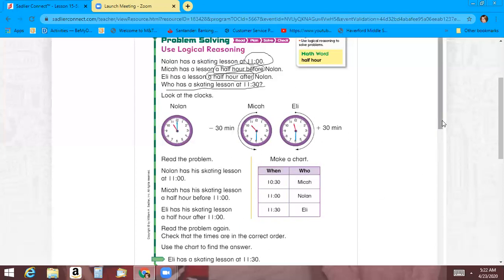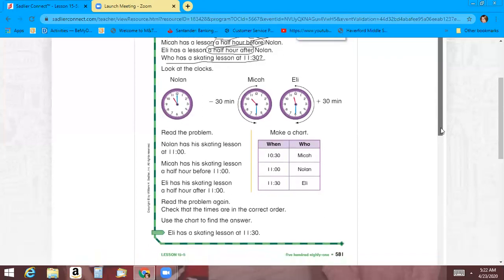So then looking at the chart, we can see that Nolan had his skating lesson at 11 o'clock. So they put his name in the center of the chart because here's the when, the time, and the who. We know that Micah had a skating lesson a half hour before. That was 10:30. So we put that time above Nolan's and put Micah's name.